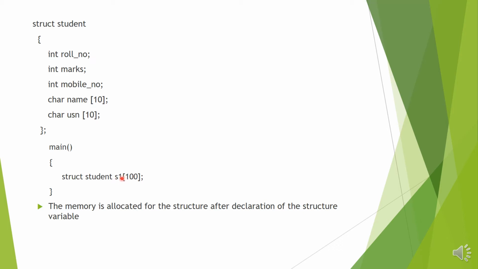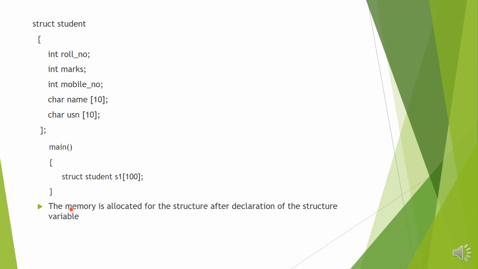So we can call S1 an array of structures, because the size is mentioned here. If you just write S1 semicolon, then it can store only one student's details. Now we want to store more student details, so I have taken an array of structure by writing S1 bracket 100.